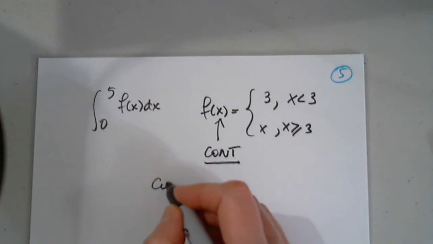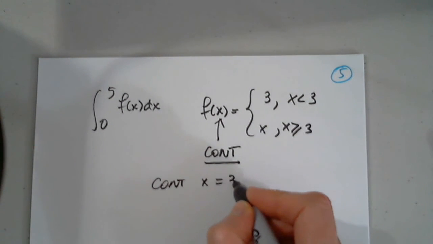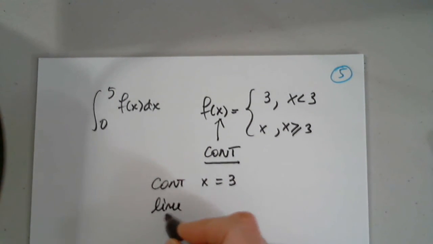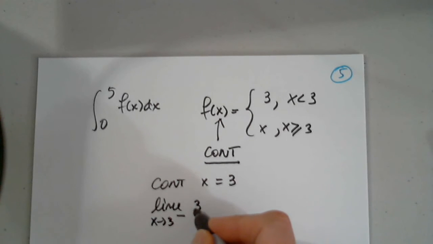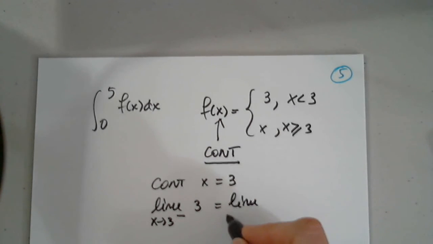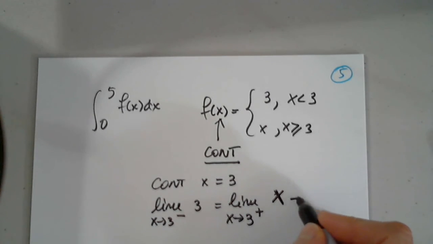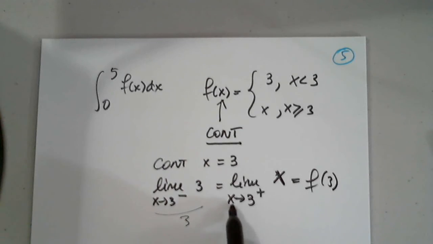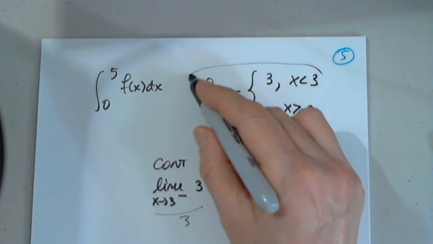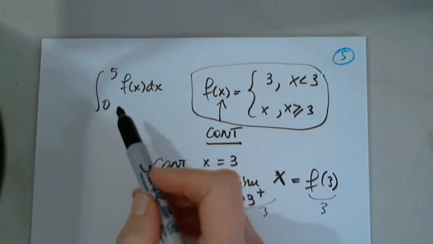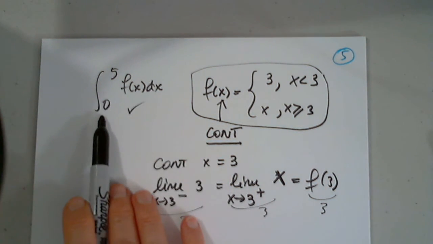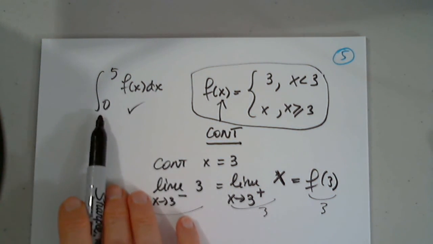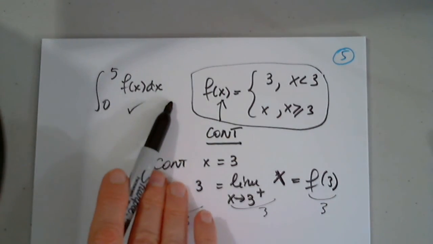We know continuity at x equals 3: the limit from the left of 3 must equal the limit from the right of 3 must equal f of 3. This is 3, this is 3, and this is 3. So the function is continuous everywhere. Therefore, I can determine the integral from 0 to 5 of f of x dx.